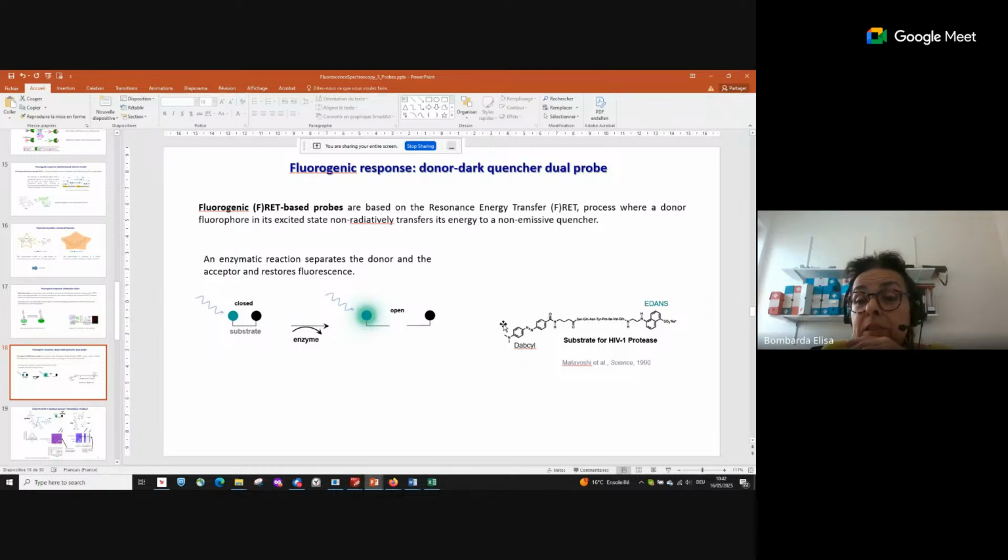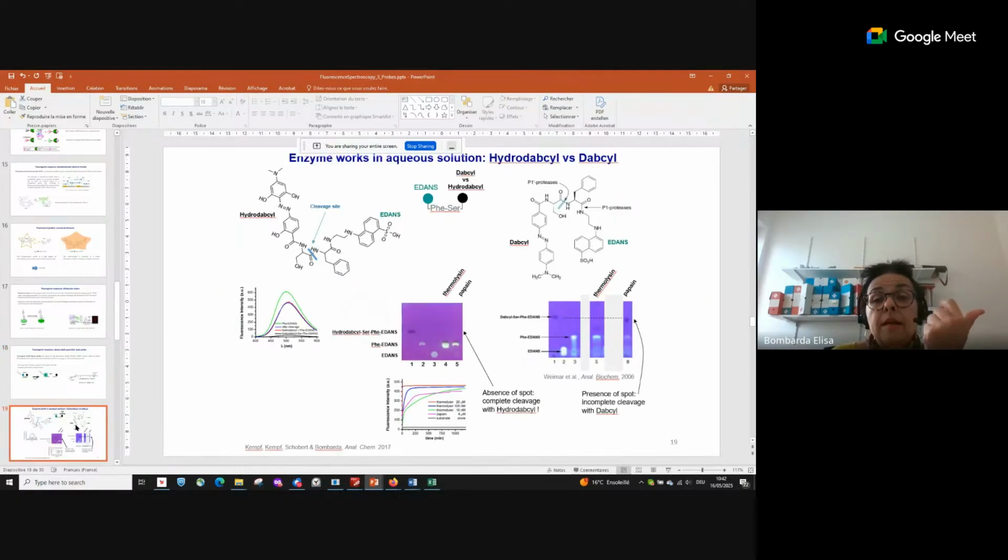But the Dapsil alone after cleavage is not as soluble, so it is problematic. That is what motivated us to make an analog of Dapsil, which is this molecule.